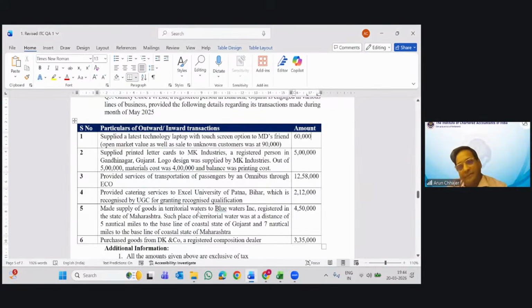हाँ, ठीक है. So again, requesting all to give me the answer, because the consideration is 60,000. Is the consideration 90 or 60?